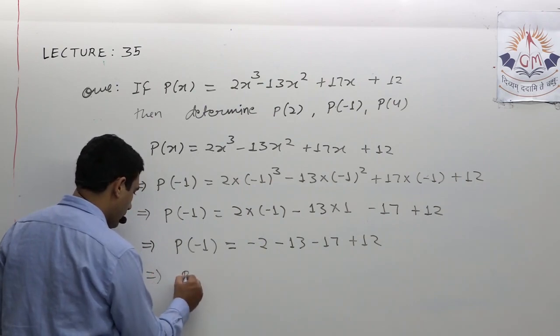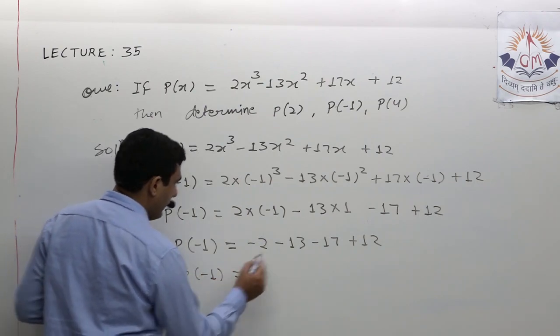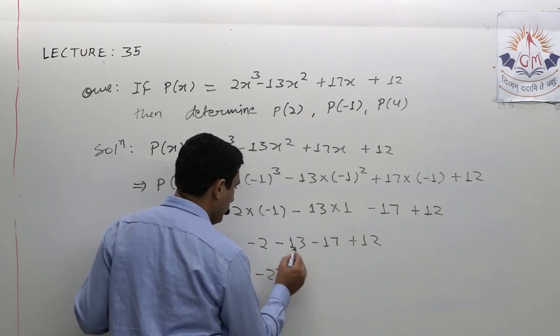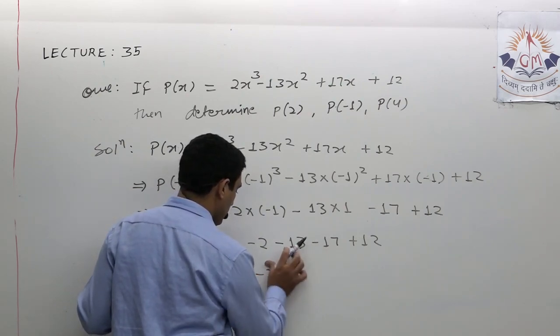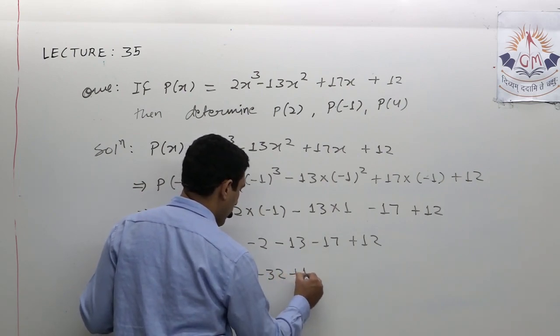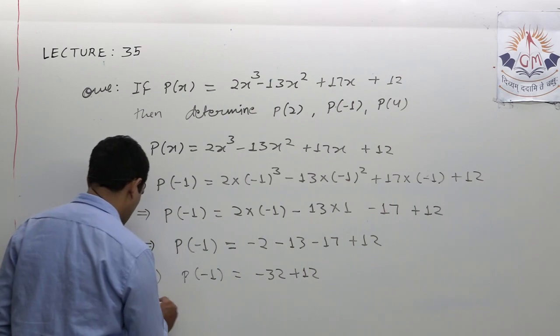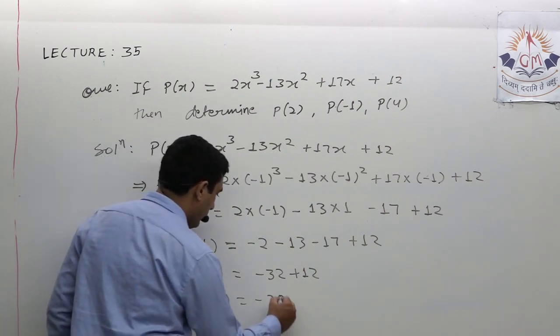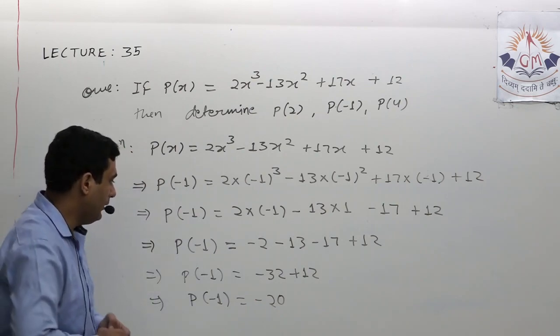So the final answer for p of minus 1: minus 2 minus 13 is minus 15, minus 17 gives minus 32, plus 12, that is minus 20. p of minus 1 is equal to minus 20. This is the final answer.